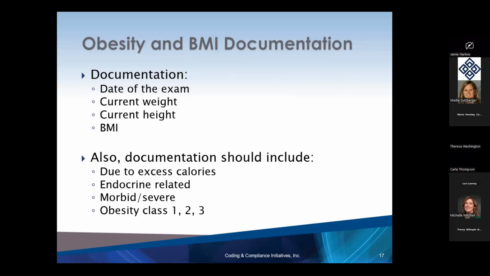What I find when I shadow providers and talk to providers is they don't love to put in their note morbid obesity or class 3 obesity because they don't want to hurt the patient's feelings. So a lot of providers will use E66.9, obesity unspecified, which does not risk score, doesn't describe the complexity of your patients. So be mindful when you are documenting, be accurate in your documentation.